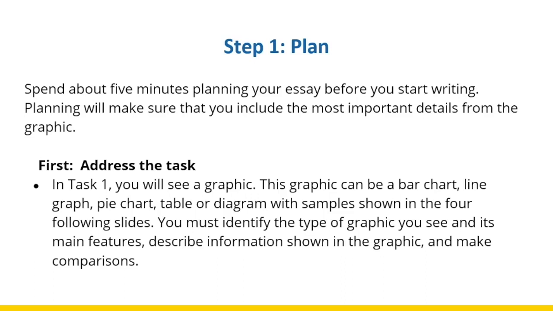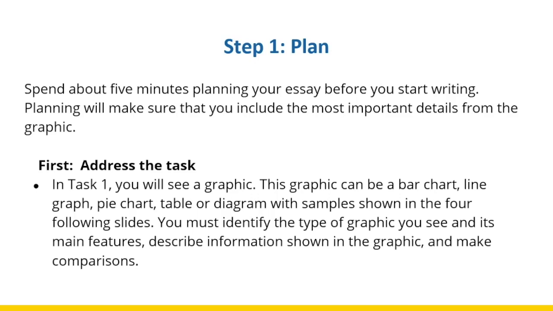Read your prompt really carefully, what is being asked from you, and analyze your graphic. That will ensure that you include the most important details from the graphic. And remember, you have to make sure you identify what kind of graphic you have. So there are different types of graphics. As I mentioned before, you might have a bar chart, line graph, pie chart, table, or diagram.